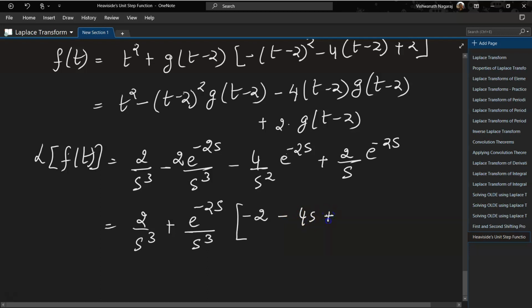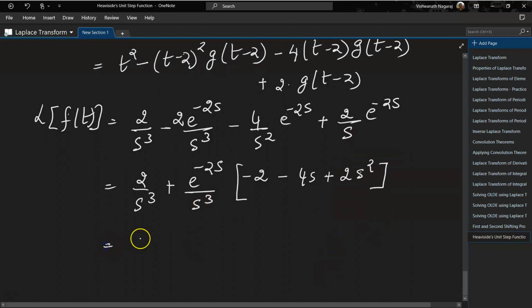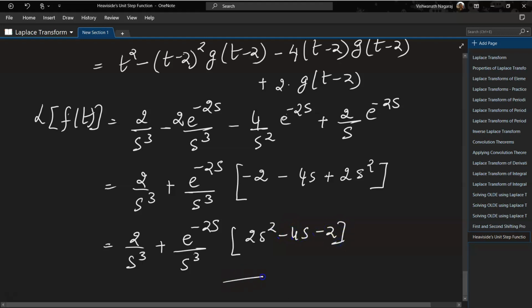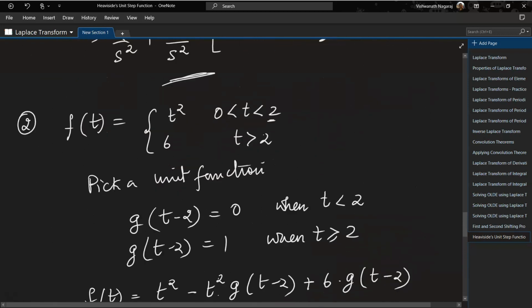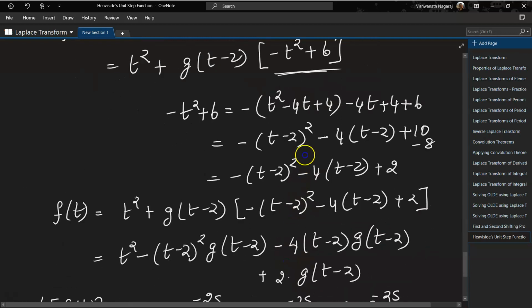And this will be plus 2s square, because s cube is taken out. So s square, s cube will cancel and we'll be left with s. Okay. So now let's rearrange this to make it e to the power of minus 2s by s cube times 2s square minus 4s minus 2. So that is the Laplace of the given function, this one. Okay, so that's it.